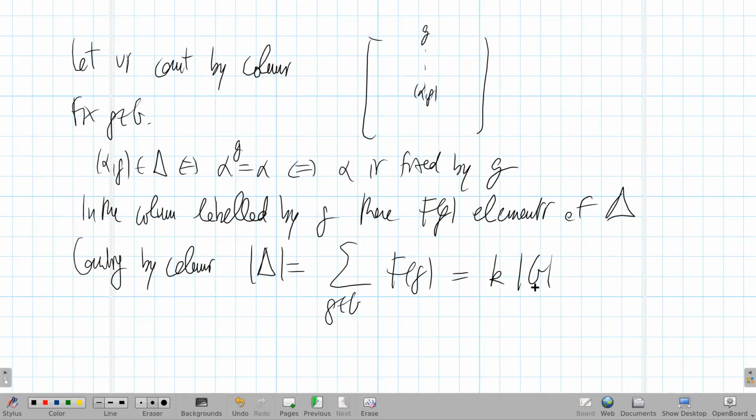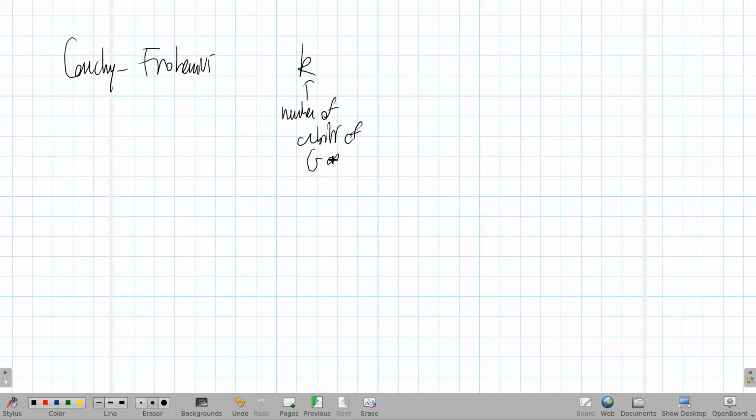And so Cauchy-Frobenius, it's sometimes referred to as a result of Burnside, but it's really Cauchy-Frobenius, tells you that k, the number of orbits of G on omega, is, as you see, an average of the number of fixed points.